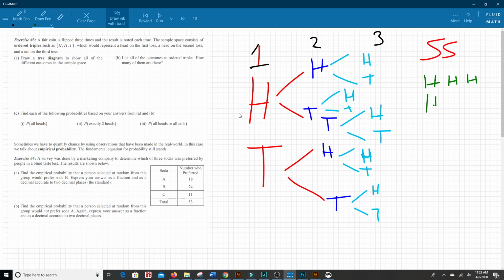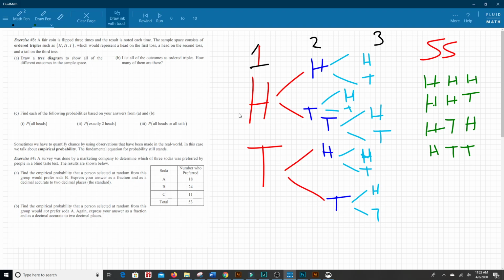Then I have heads, heads, tails. Then I have head, tail, heads. I have head, tail, tail. All right. That's in my first 3 tries, right?